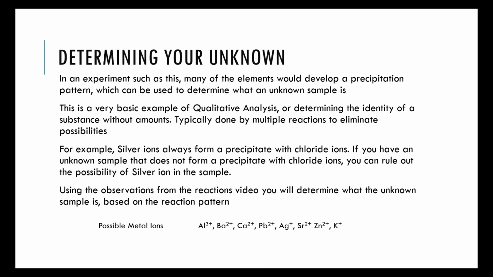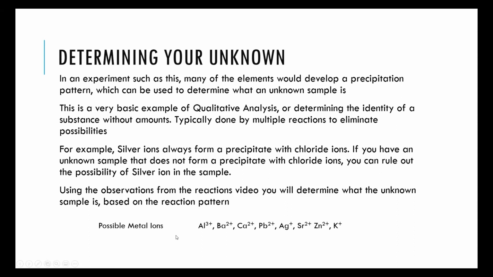And by doing so, you're going to qualitatively determine what this unknown ion is, or what are the possibilities. So by looking at your known patterns, looking at what is the pattern that barium nitrate precipitates with, does that match the pattern of your unknown?